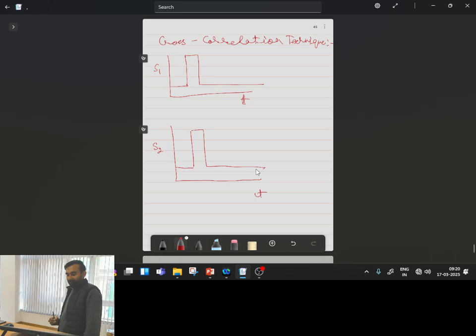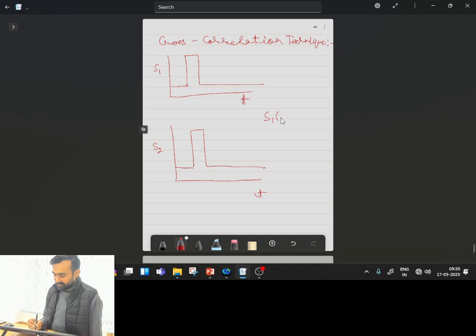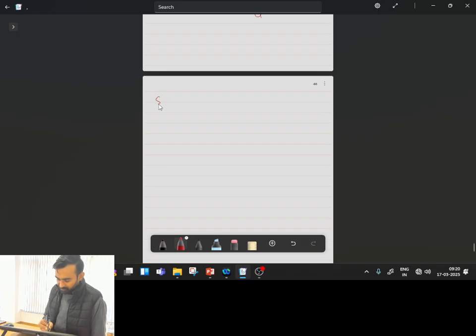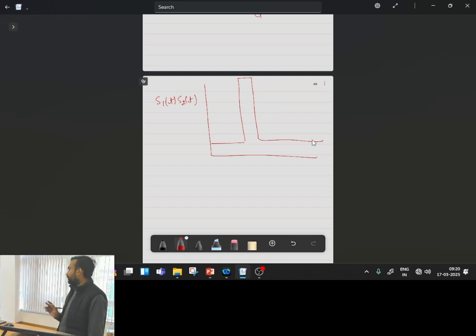Now if I take the product of S1 and S2, what will be the product of S1(t) and S2(t)? In this situation you can see the product will be some signal which will have a larger peak. Is this point clear? Okay.